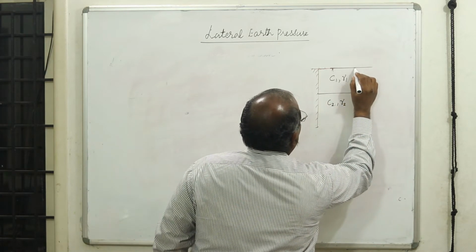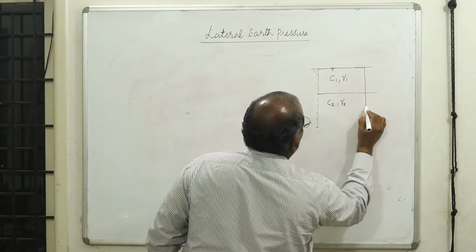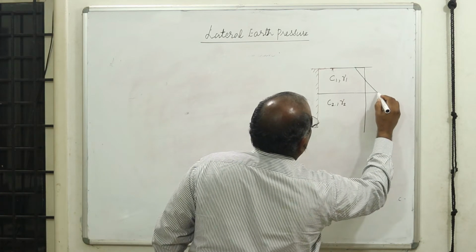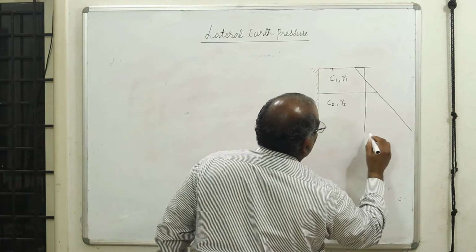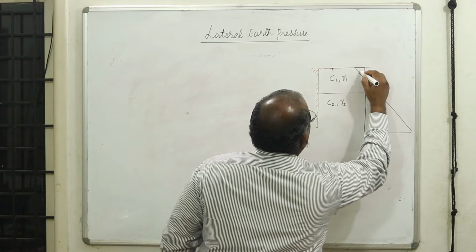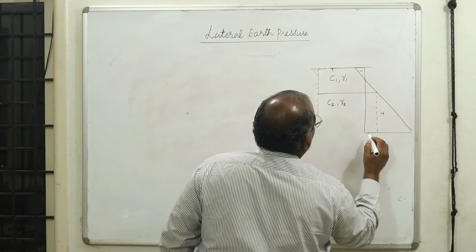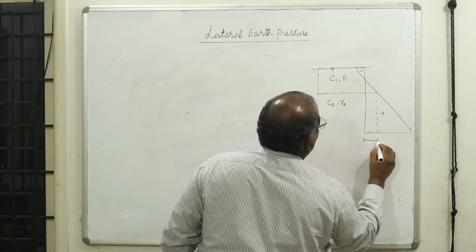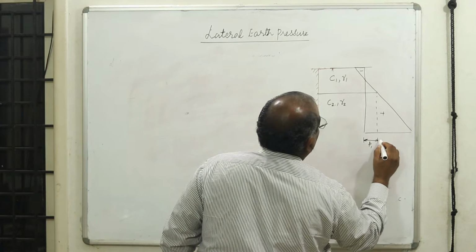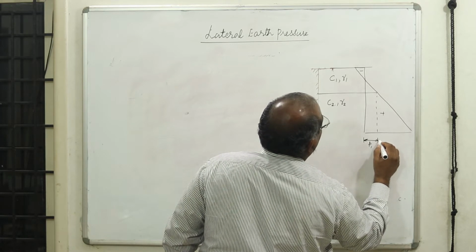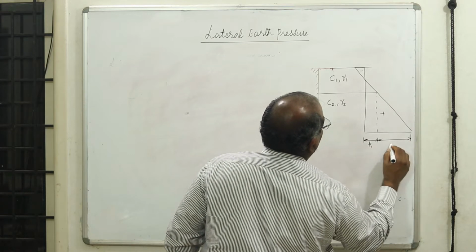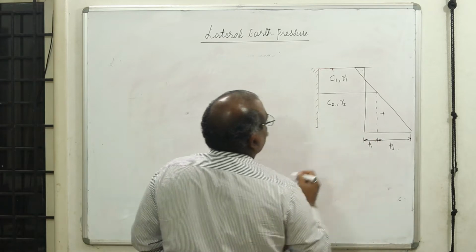Here we will have negative pressure up to this height, and then some value, and it is going to continue. What is this value? This is negative, and this will be positive. Let me call this P1 and this P2. We can find out these values.